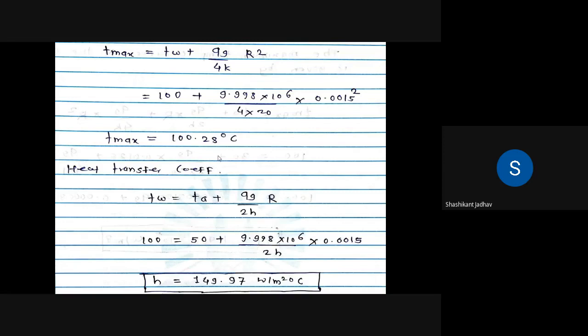Then we identify which quantity is unknown, put the values into the equation, and calculate the unknown terms. This is the way we solve any problem.